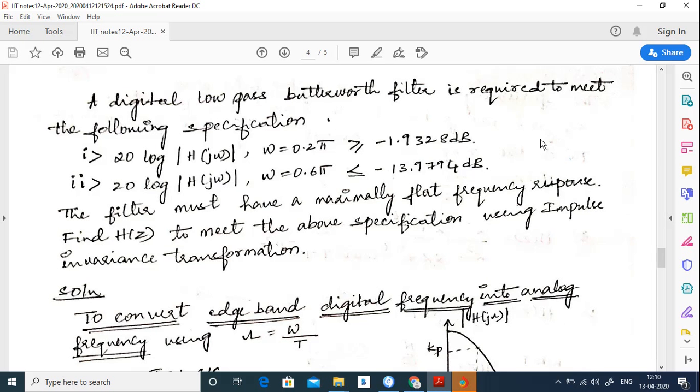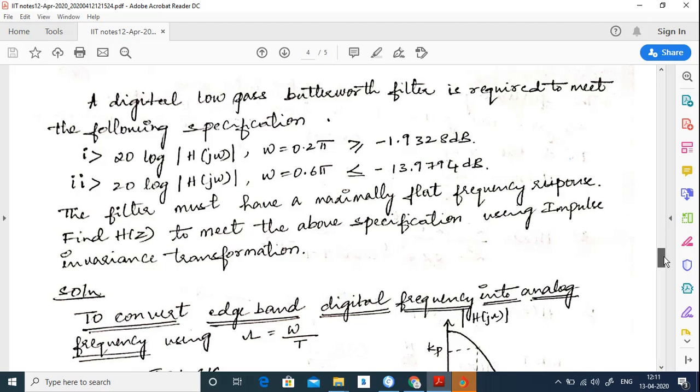From the magnitude frequency response, we need to find out a transfer function which is in terms of s, or analog transfer function. Then we should apply impulse invariance transformation technique to convert analog transfer function into digital transfer function. So these are the steps which we need to follow to solve type 3 problems like this.